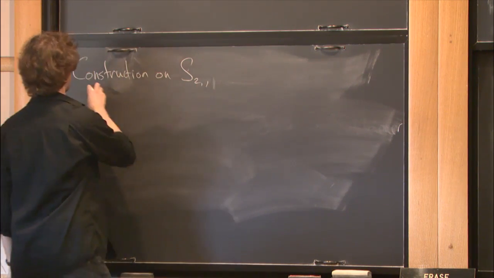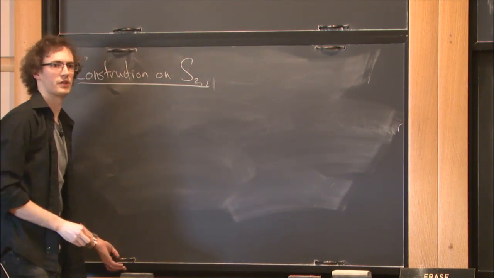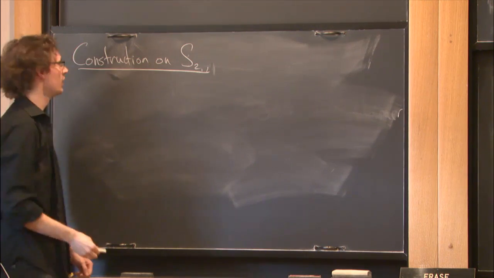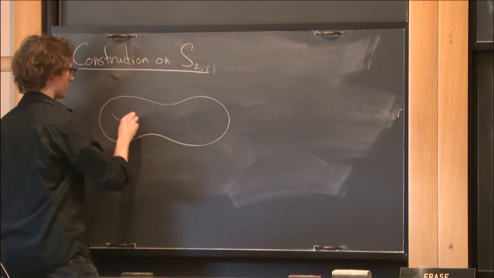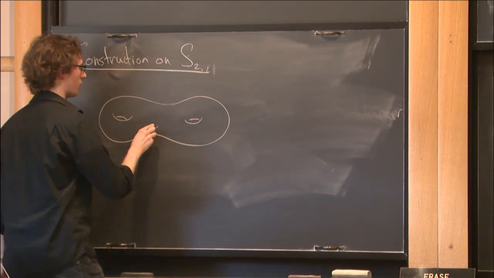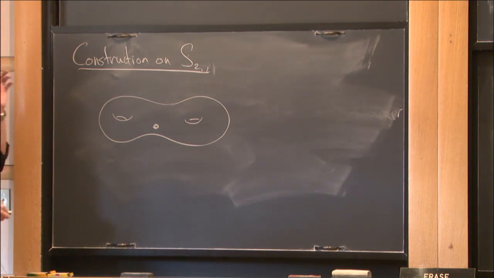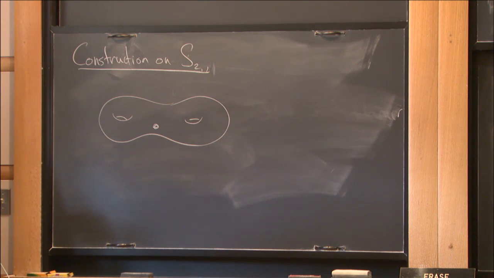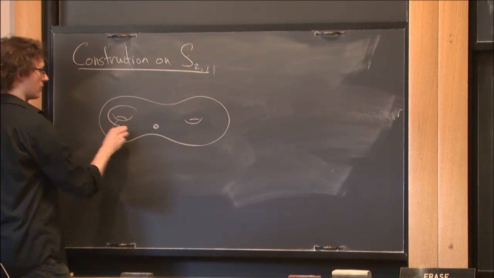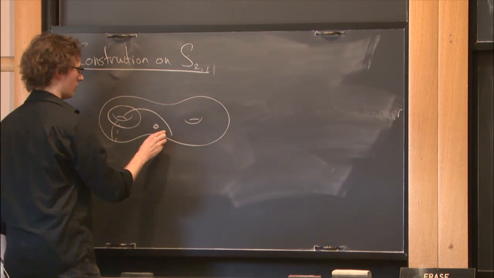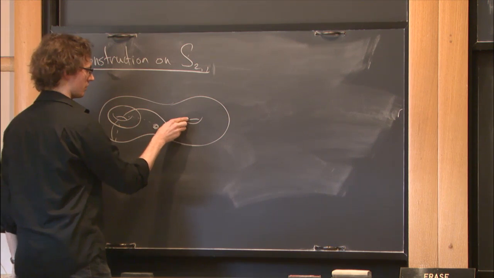So let's do the construction on S_2,1 as a nice warm-up. I'm going to need the surface of genus 2 with 1 puncture. And to help me, I'm going to need some curves so I can do things like Dehn twists and actually tell you about a mapping class. So let me get this collection of curves.